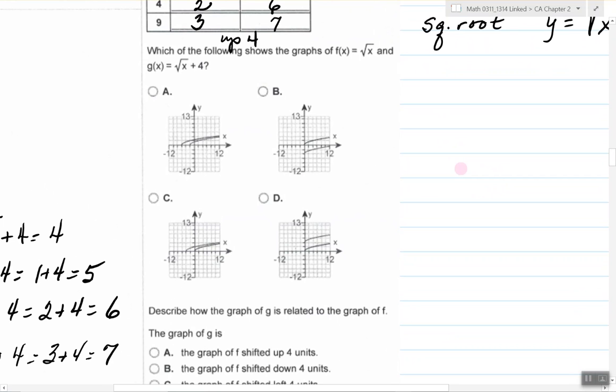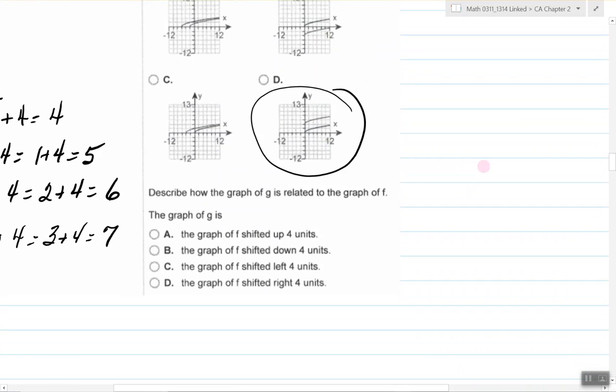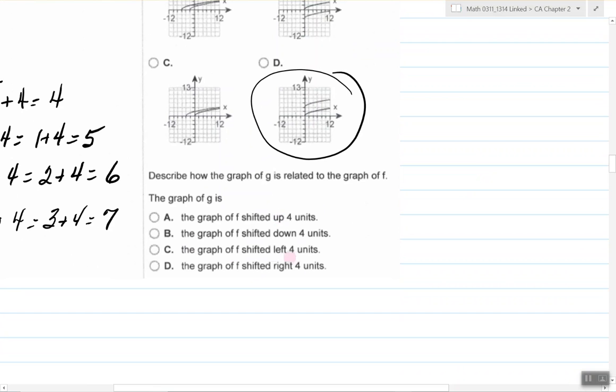And it looks like, and by the way, this is 2, 4, 6, 8, 10, 12. So scaled by 2. This is our graph. If you could blow this up bigger, you could actually plot the points and see that there's 0, 0, there's 1, 1, there's 0, 4, there's 1, 5. What happened? It shifted up 4 units.